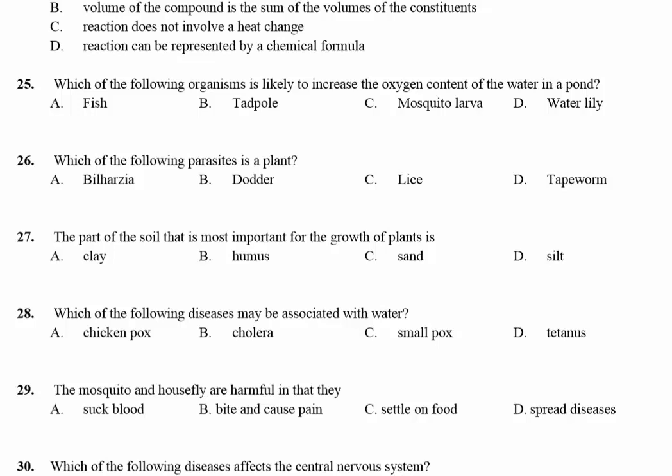Which of the following diseases may be associated with water? The answer is B, cholera. 29. The mosquito and housefly are harmful in that they spread diseases. The answer is D.